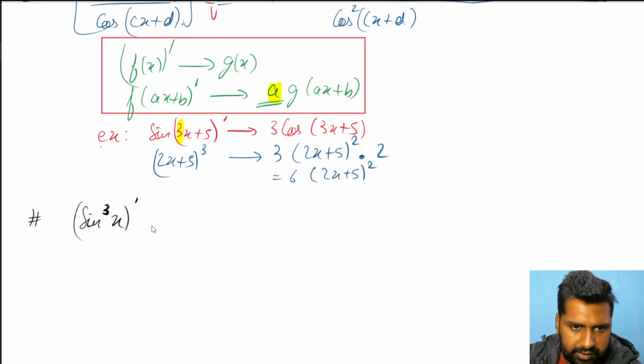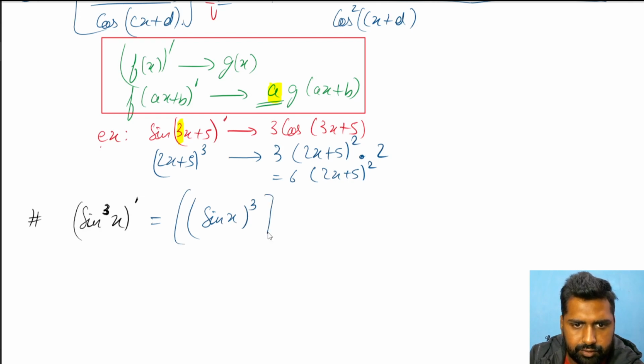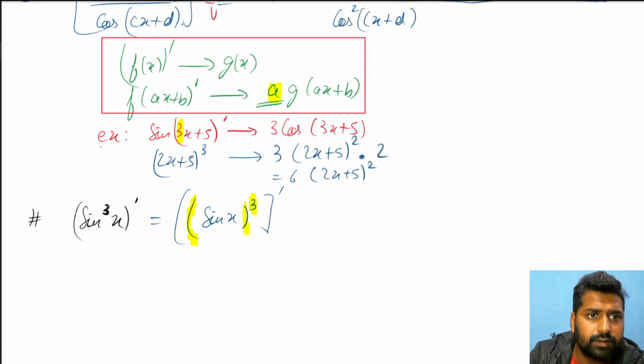If you rewrite this, it will look like sine x whole cube, and then you have to differentiate. Now, I told you to leave the first function as it is. What is the first thing that comes? The first thing that comes is the bracket of this cube. That means whatever is present inside will be my z.